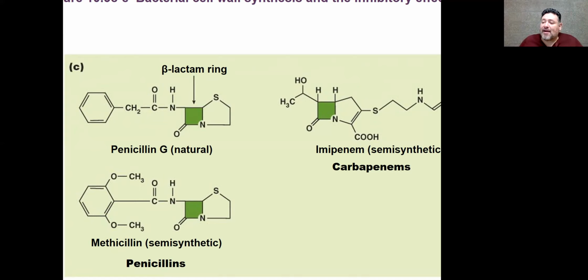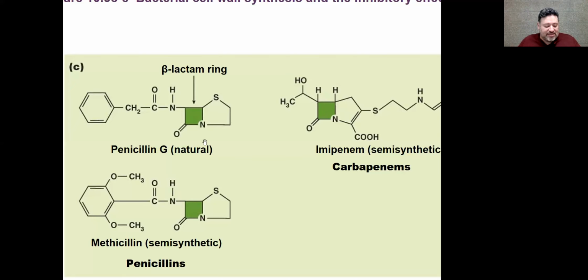Okay, so what happens? Now the cell that's building the wall accidentally incorporates this antibiotic in there. And as soon as the cell carries out chemistry with this antibiotic, that little square explodes and it breaks the cross linkages between the NAG and the NAM, consequently producing a wall that is not being held together, okay?